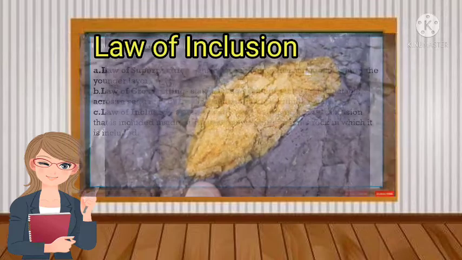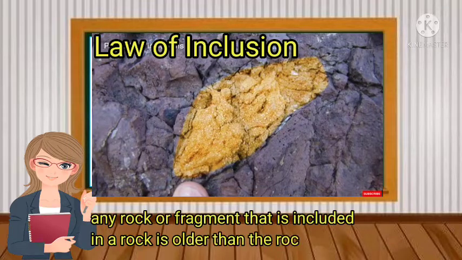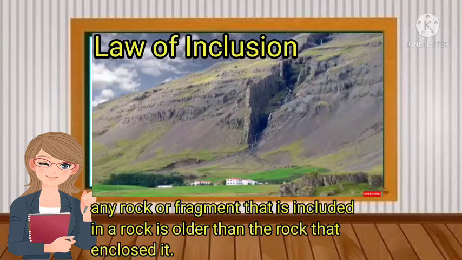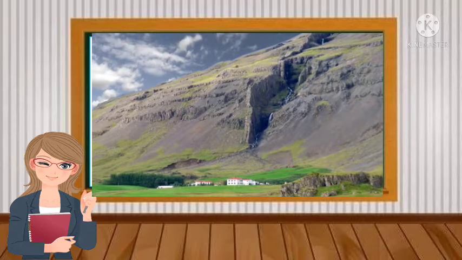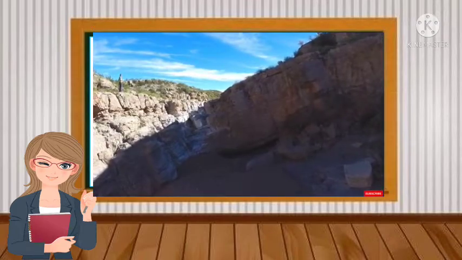And of course, the law of inclusion states that any rock or fragment or intrusion that is included inside another rock is older than the rock in which it is included, because that rock was there already before it was being enclosed by any type of rock. So these are the basic laws that are included in the relative dating.